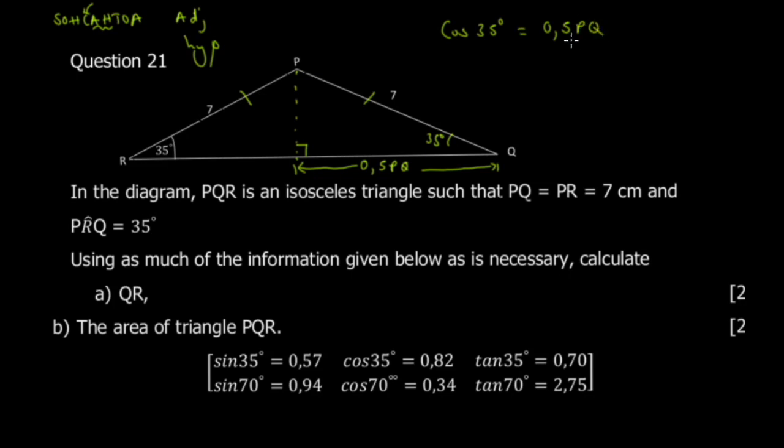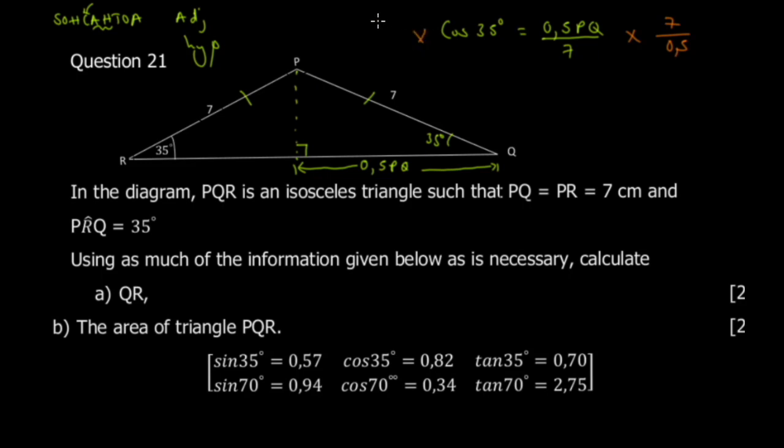In our case, you can even say half, but I didn't say half to avoid creating unnecessary fractions, because I'm always going to divide anyway. When you isolate PQ, you can do it in one step by multiplying by 7 over 0.5.